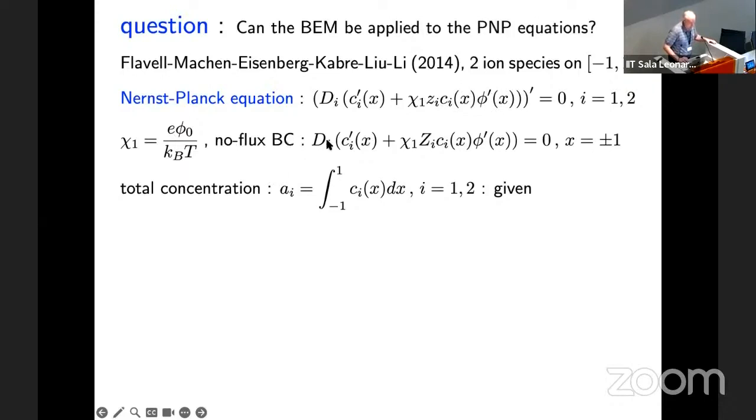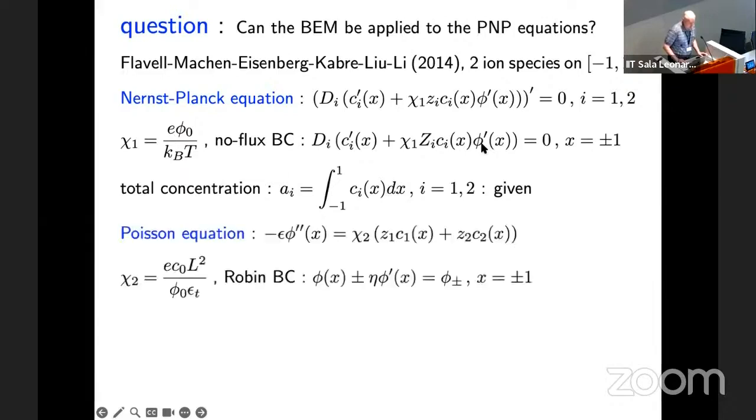In the paper, they impose no flux boundary conditions on the boundary, and they also impose the total concentration for each species. Then phi is determined by the Poisson equation here, and that couples to the charge concentrations, the ion concentrations. They imposed Robin boundary conditions over here, where eta is a parameter, and phi plus and minus are parameters.